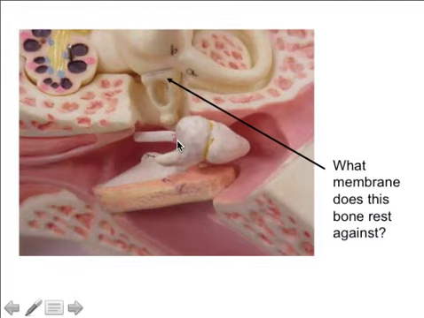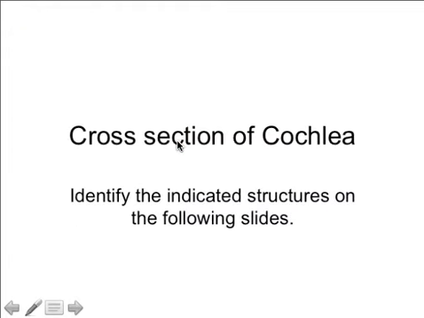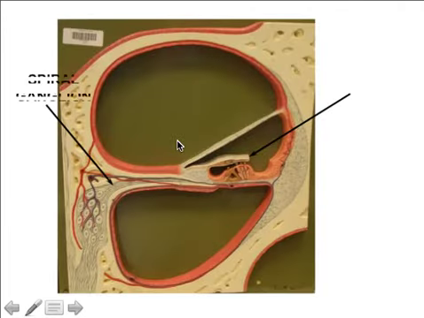And as that fluid moves, it causes sensory hairs inside the organ to go up and down, and as they bounce up and down, they open ion gates, and this produces the electrical impulse that we interpret as sound, which is relayed via the cochlear branch of the vestibulocochlear nerve back to the temporal lobe of the brain. This is a cross-section of the cochlea, and you can see here the spiral ganglia, the tectorial membrane as well.